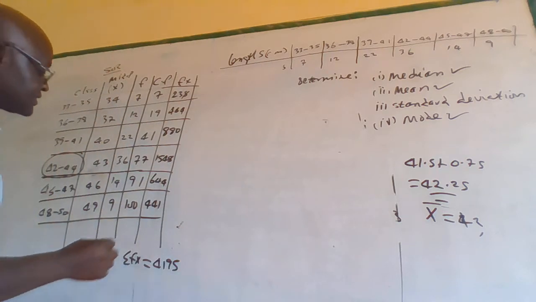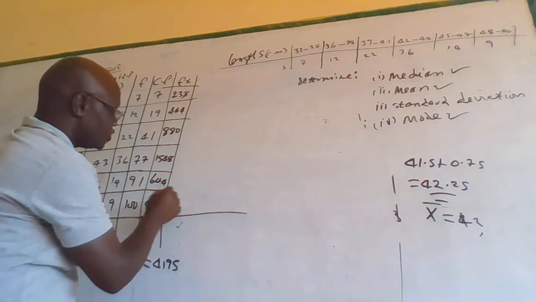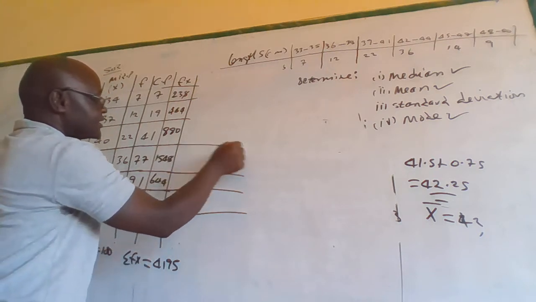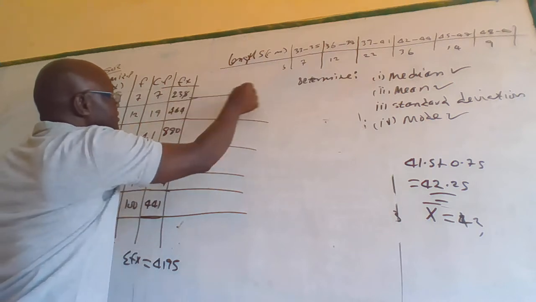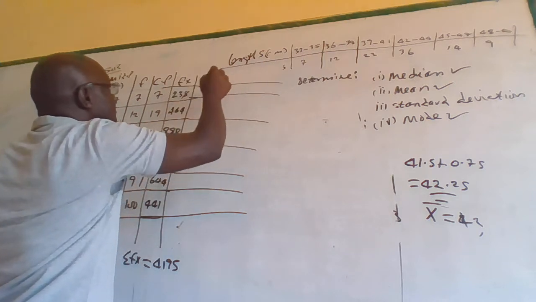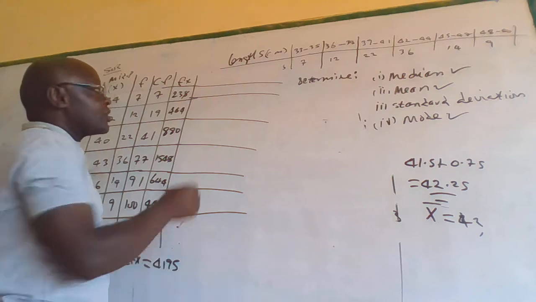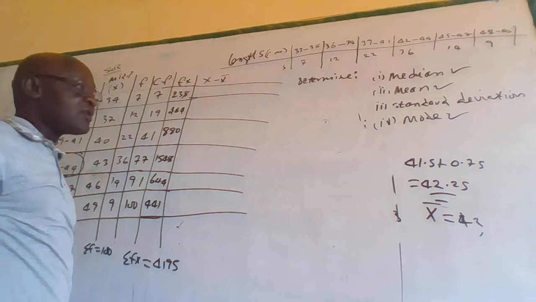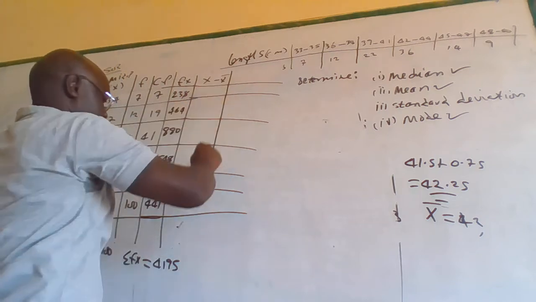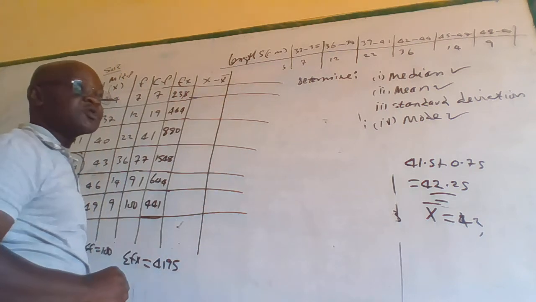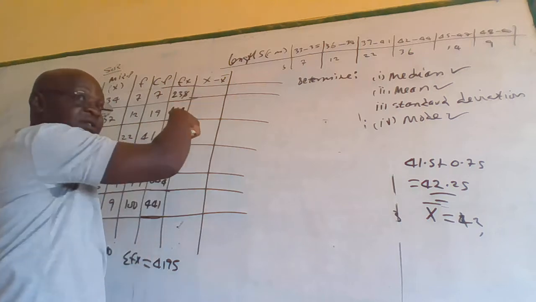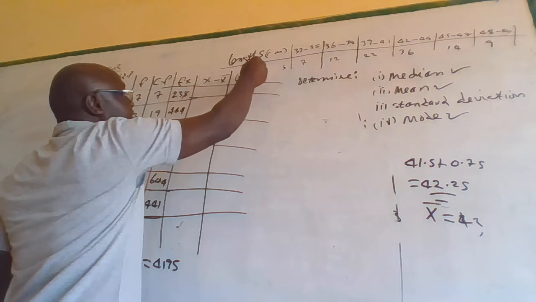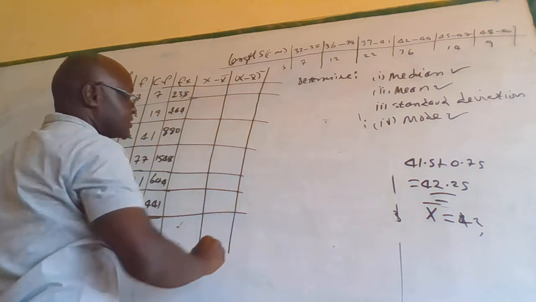Now for us to get the standard deviation, we need to add a few columns to assist us calculate the standard deviation. Now we shall require a column where we have x minus x bar. X bar is our mean. Then we shall also require a column where we square that.